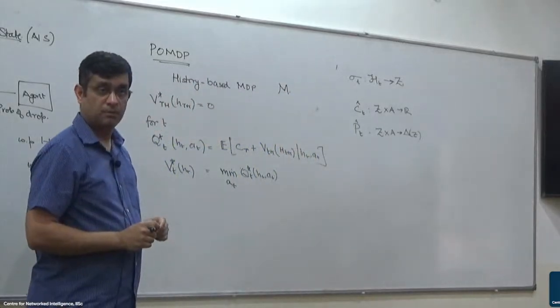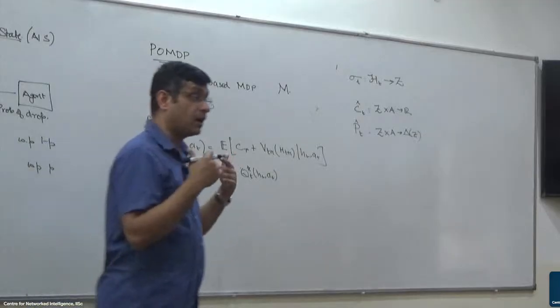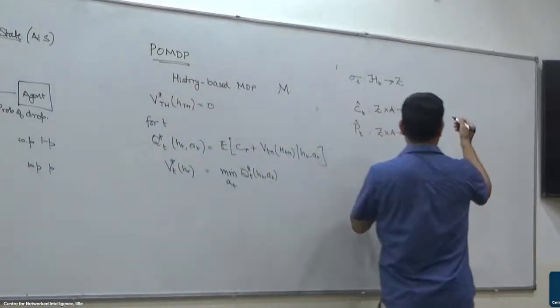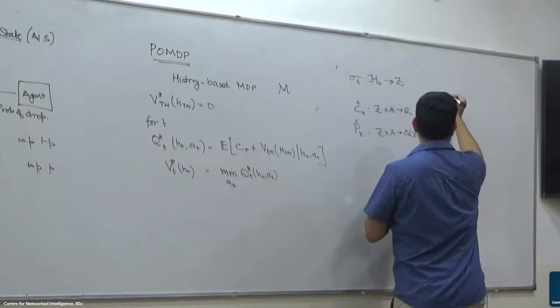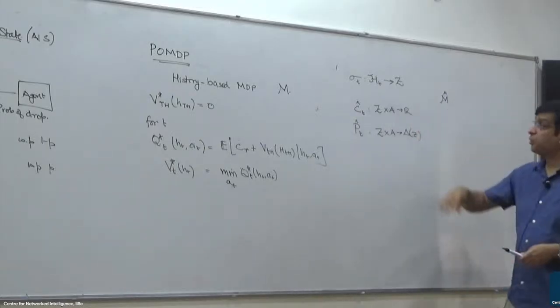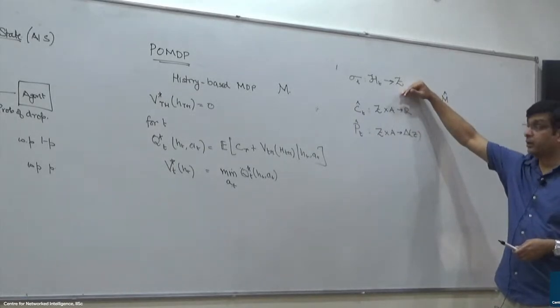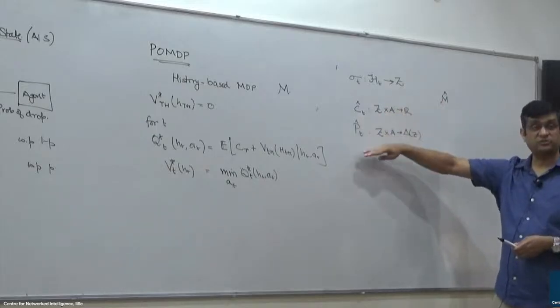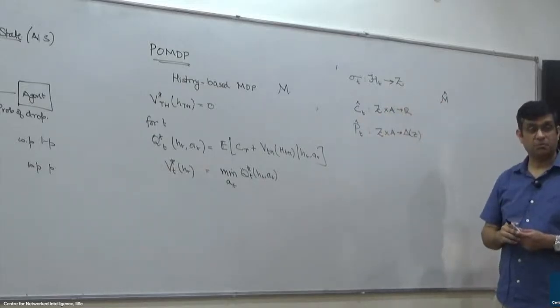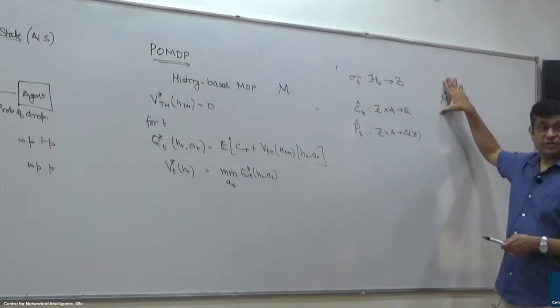And I just made up a completely artificial model, which is M hat. This model is with state space Z. It has cost function C hat. It has dynamics P hat. Okay. This is an MDP.